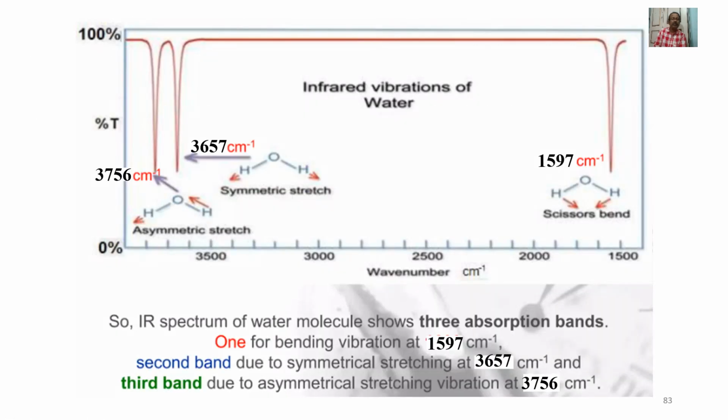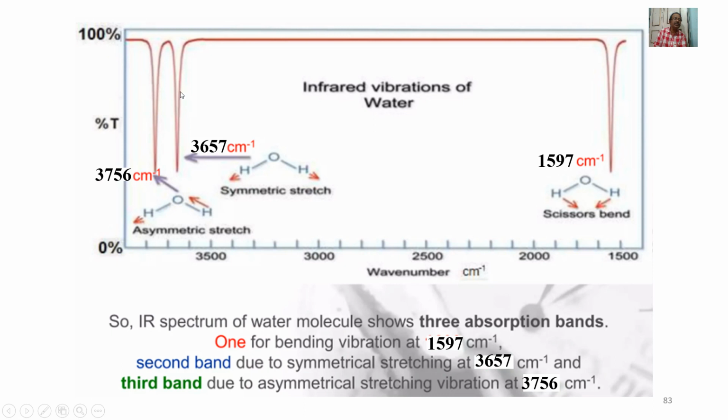So here is the infrared spectrum of the water molecule. There are three absorption bands here. The first one, the highest, is the asymmetrical stretch, which falls at 3756 per centimeter. The second highest, 3657 per centimeter, is the symmetric stretching.